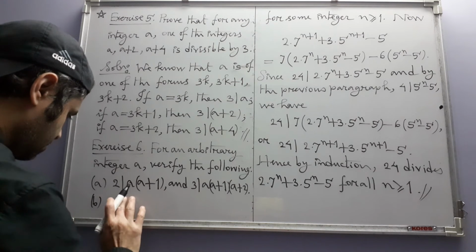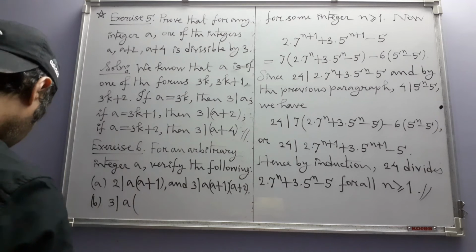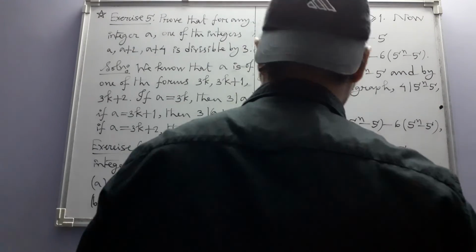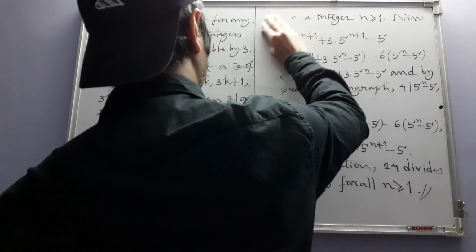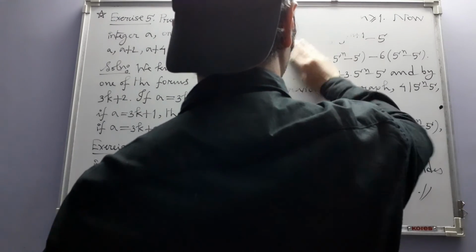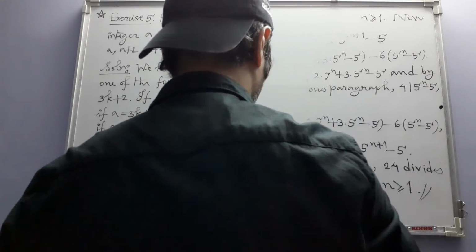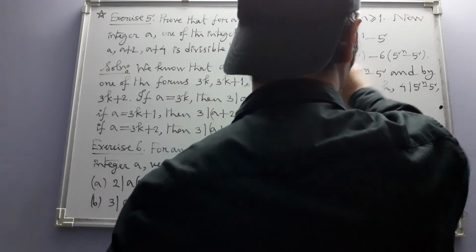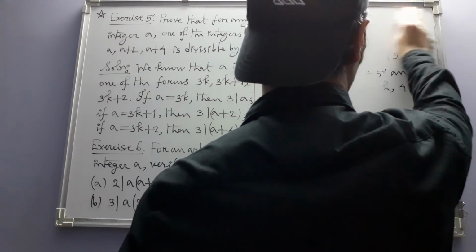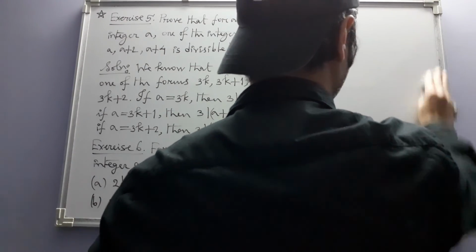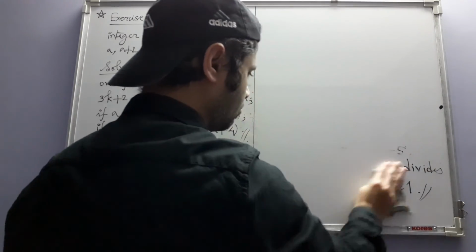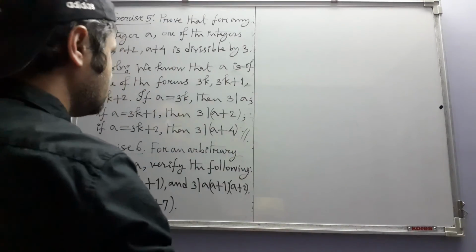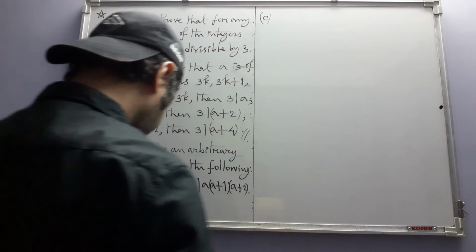Okay. Part B. 3 divides a times 2a square plus 7. And there is a part C also.